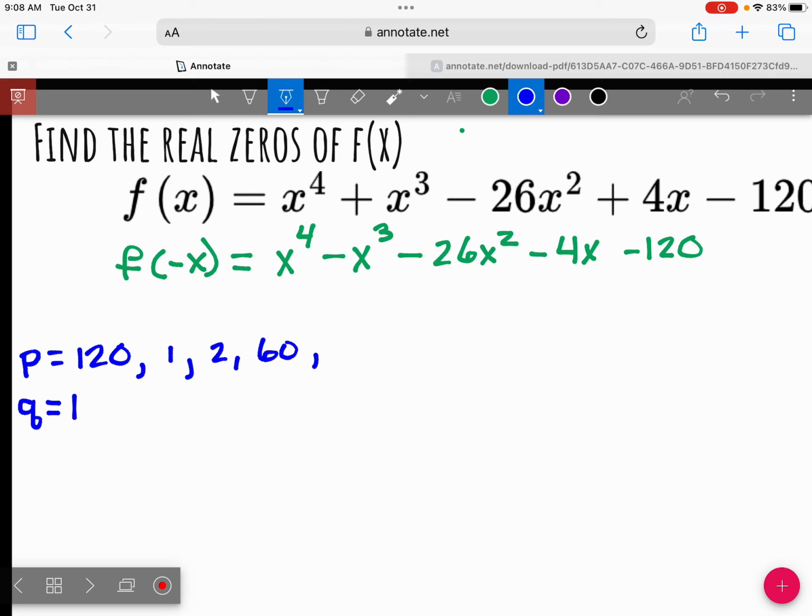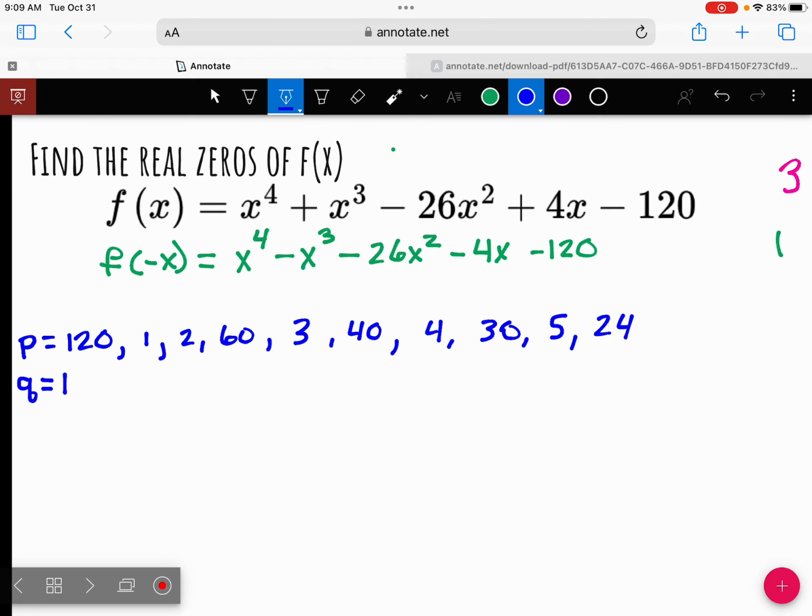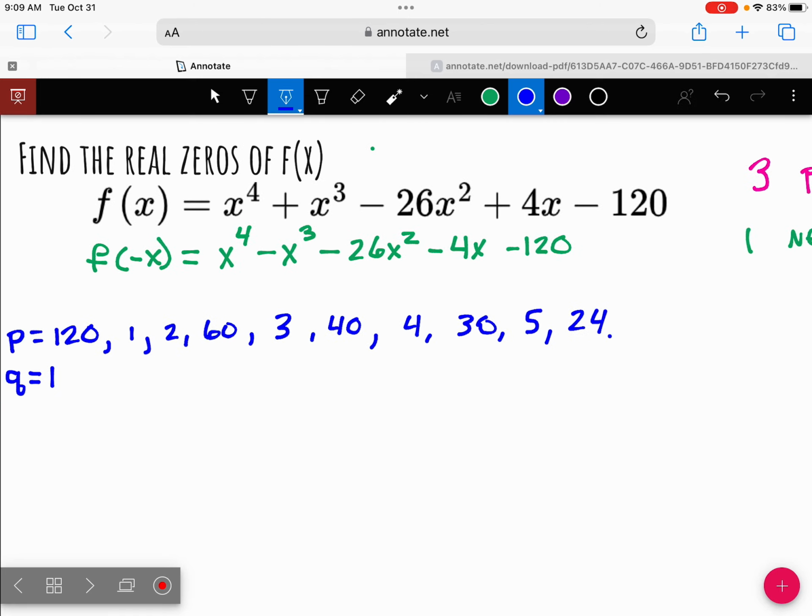What else? 3 and 40. 4 and 30. 5 and 24. 6 and 20. Oh, hang on a second. Keep going with your list.